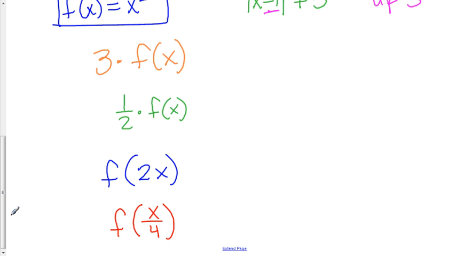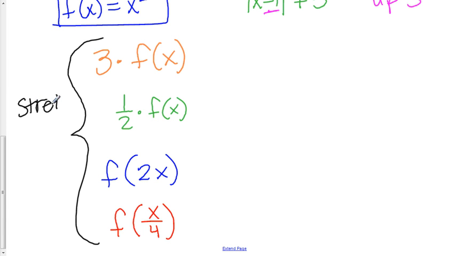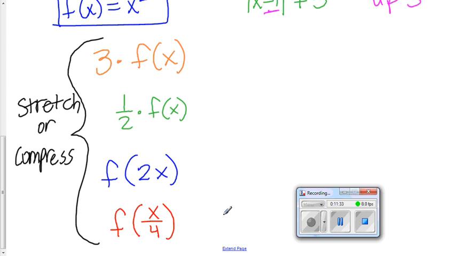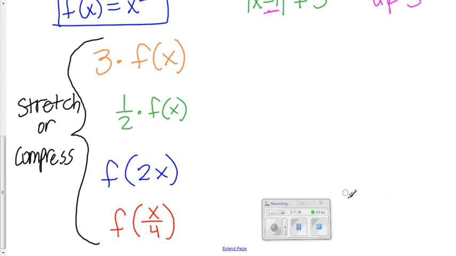The other thing that can happen to a graph is it can be stretched or compressed. All four of these things are either going to stretch or compress the graph. Okay, with this first one, it is 3 times f of x, and whatever f of x is as a function, you're going to take 3 times all of the values.